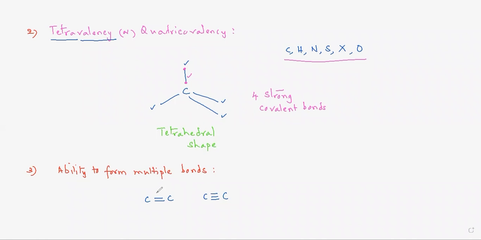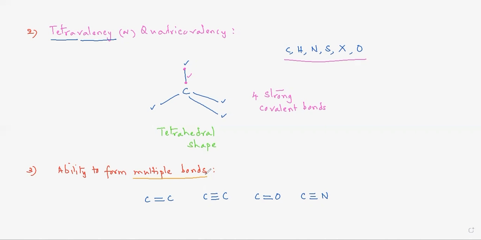Multiple bonds in the sense double bonds, triple bonds with carbon atoms, or even with some heteroatoms, like with oxygen, with nitrogen. But why? Of course, 99.99% of the things we will have an answer. We will have a reason.